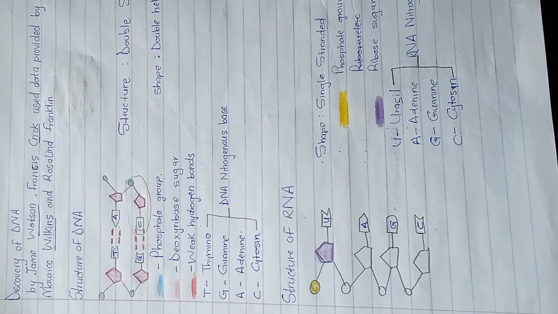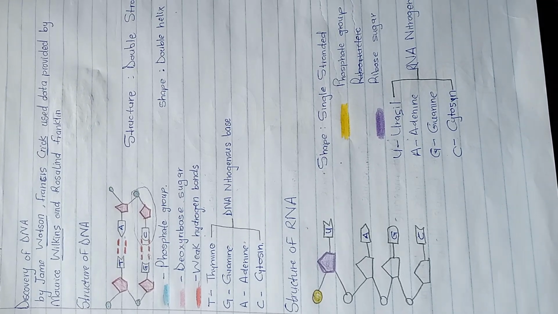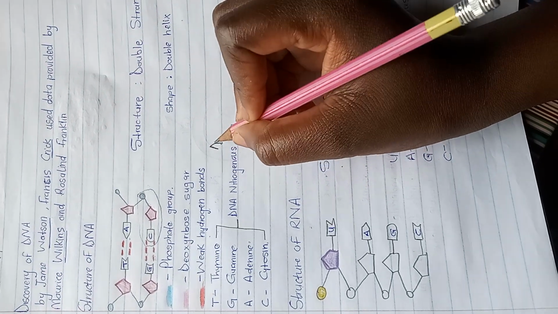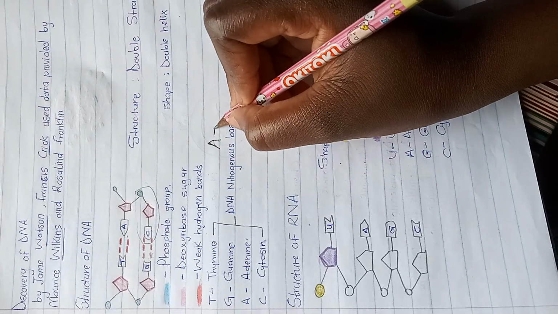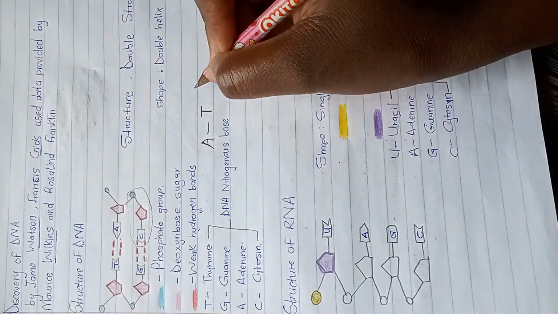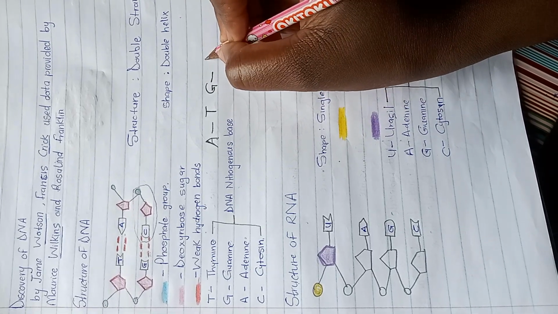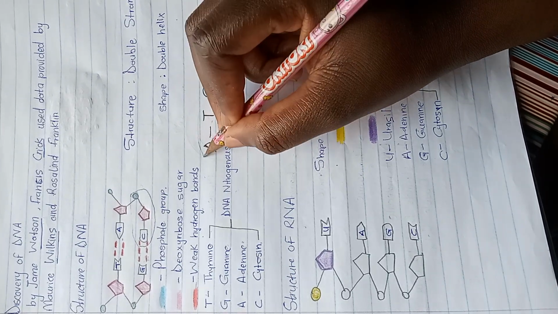Something unique about these nitrogenous bases is that they complement one another. So what am I saying to you? I'm saying that adenine will always go with T, and guanine will always go with cytosine. And this is in DNA.